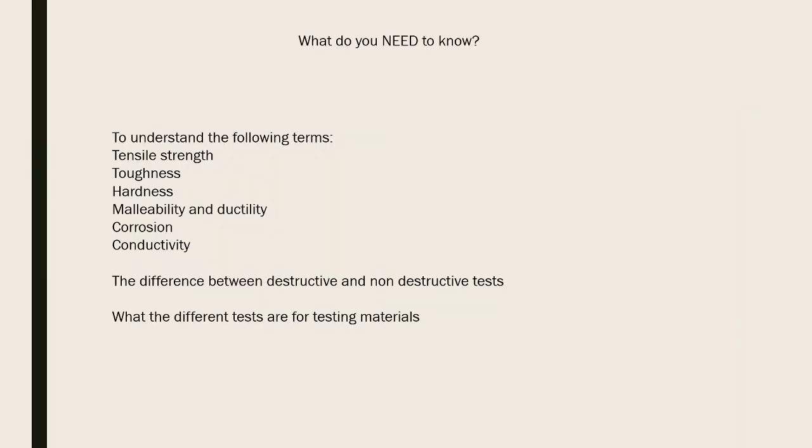So what you need to know are what the following terms mean: what tensile strength is, what hardness and toughness are, because hardness and toughness are always the most commonly mixed up ones, malleability and ductility, and then corrosion and conductivity. So you need to make sure you can identify what those are and then how you can test for them. And then also you need to be able to differentiate between destructive and non-destructive tests.